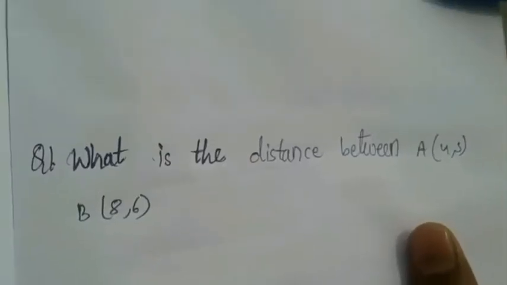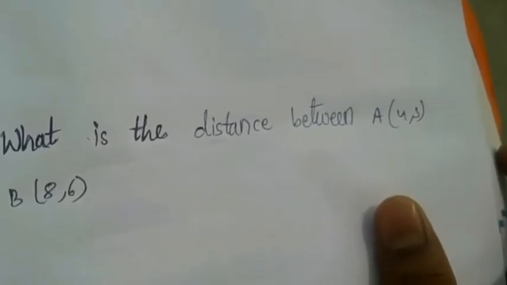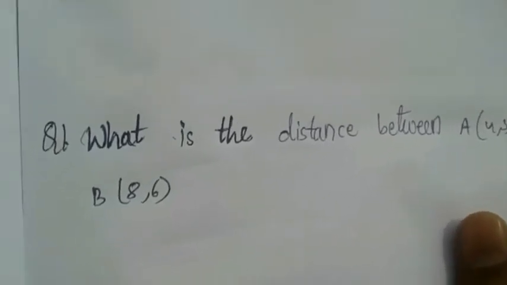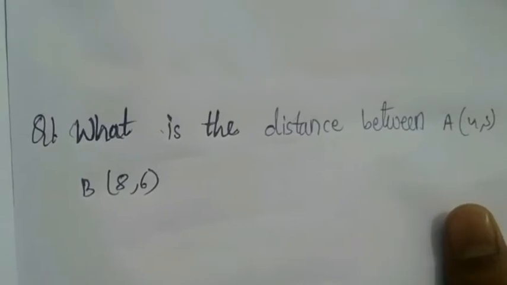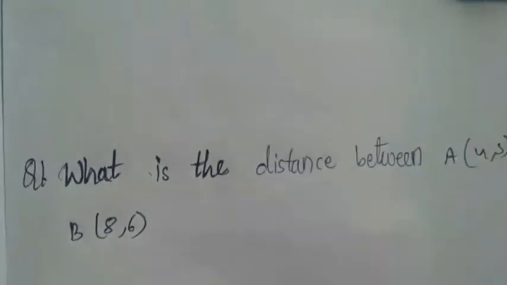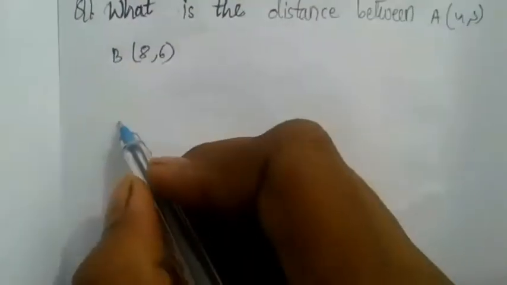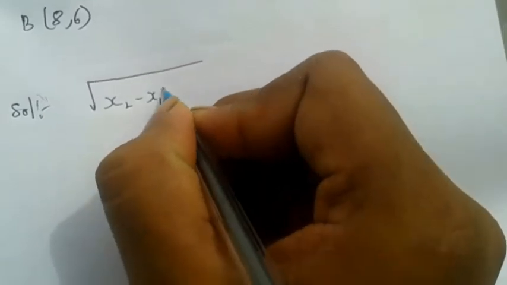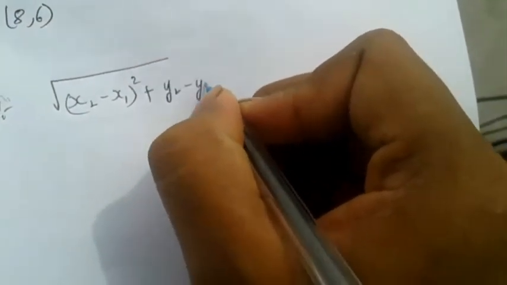So as you see, the question is, what is the distance between A (4, 3) and B (8, 6)? So now we have to use this distance formula and find the distance between A and B. So let's solve it. First we will write the formula, the distance formula: under root of (x2 minus x1) whole square plus (y2 minus y1) whole square.